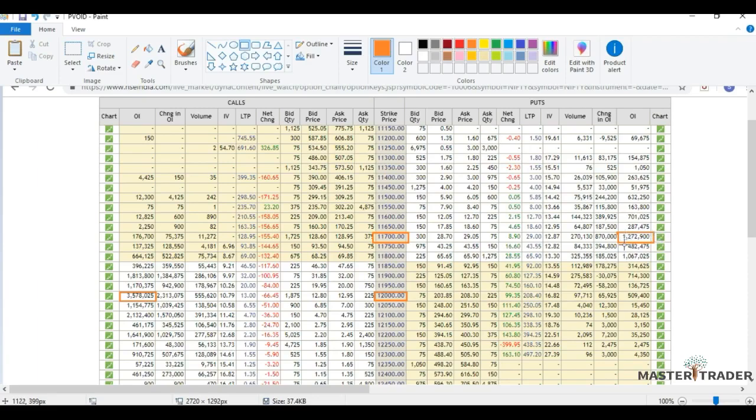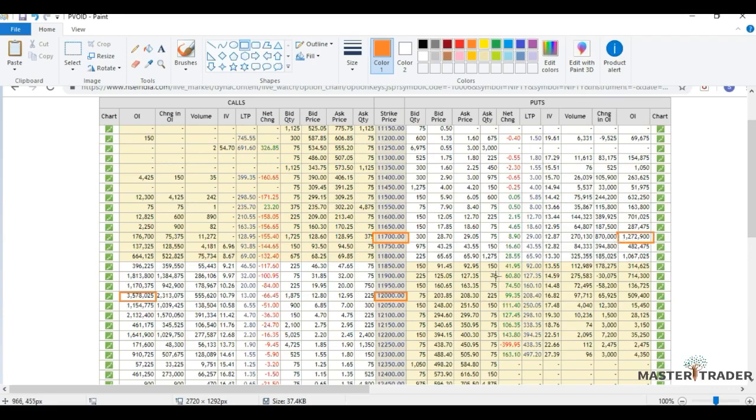So if we're selling a put option, does that mean we are bullish or bearish on the market? That means we are bullish on the market. If you have positive open interest here on the put side, that means this many traders are bullish on the market, or bullish at this level of 11,700.